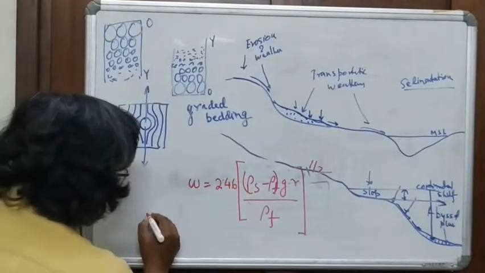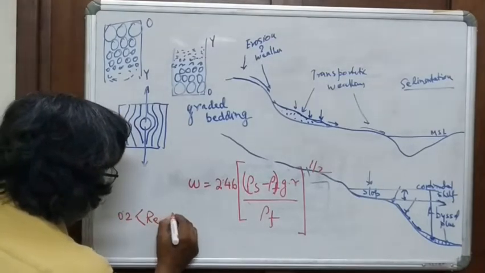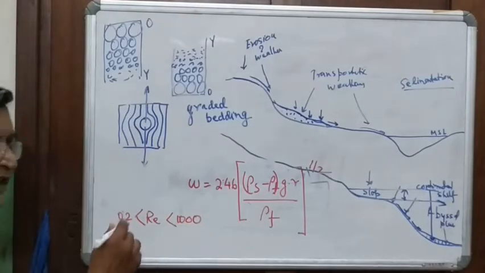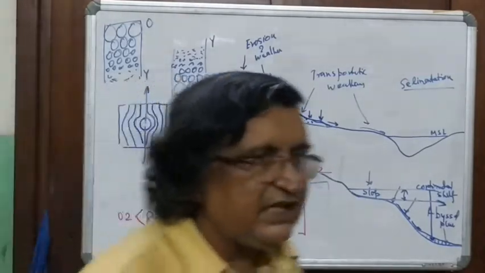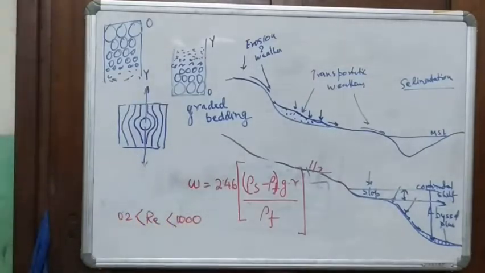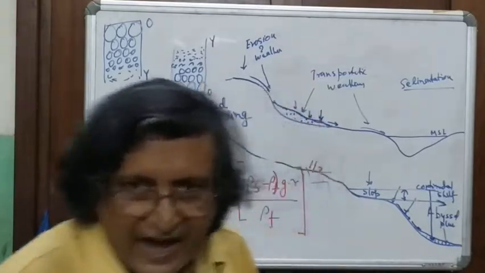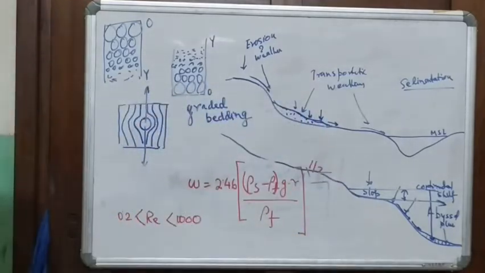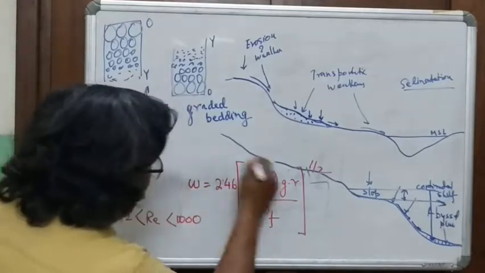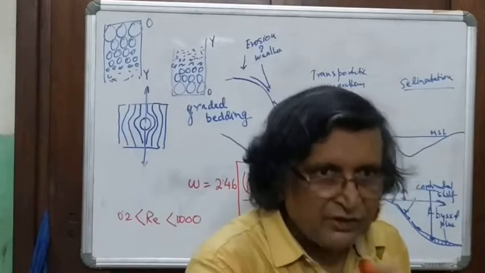This works for Reynolds number 0.2 to 1000. And this great gentleman, for giving this settling velocity, is no other than Isaac Newton. So this is called Newton's drag. This is the basic equation, which is slightly different from that of Stokes law.